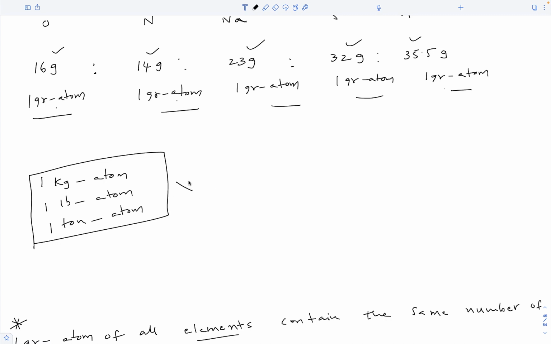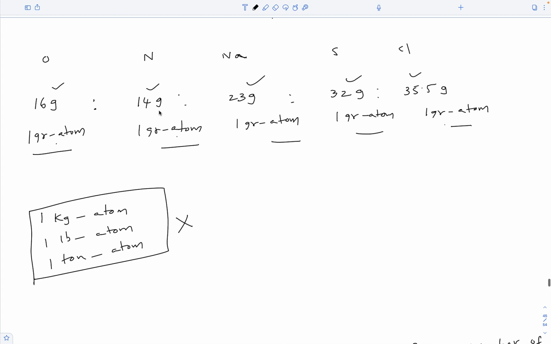Therefore, we can disregard these names. Gram atom is popular because these are the kind of quantities that we deal with in our laboratories. We deal with 23 grams of sodium or 32 grams of sulfur, not 32 tons of sulfur or 23 kilograms of sodium.